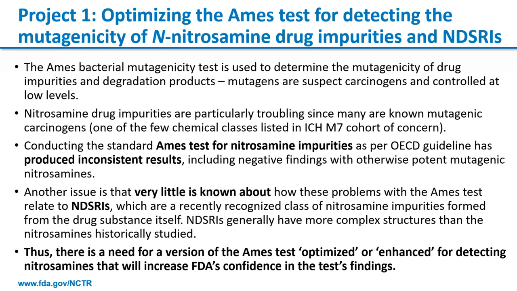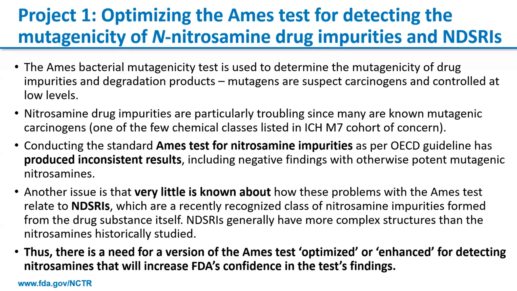And that's somewhat because of the various ways that the testing has been conducted over the years, and people publishing all these very interesting and sometimes conflicting findings. And it's possible to get negative findings with potent mutagenic nitrosamines using a test that's fully compliant with the OECD test guidelines.